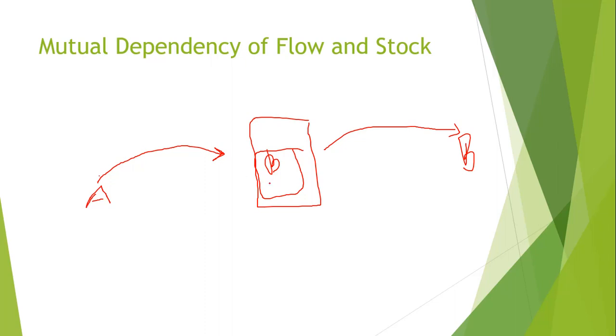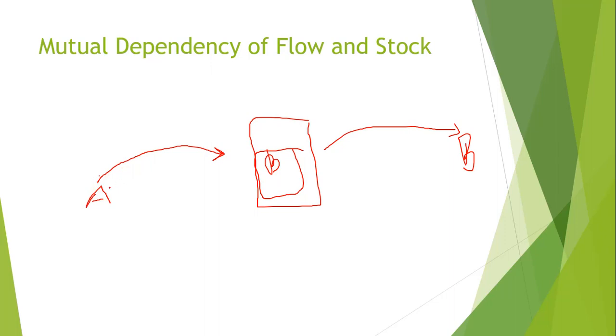They have deposited some amount of money in the bank, and what group A is doing, giving a certain amount of money to the bank, is actually a flow. A flow, as I told you, is over a specific period of time, money will flow in. So exactly that is happening here.